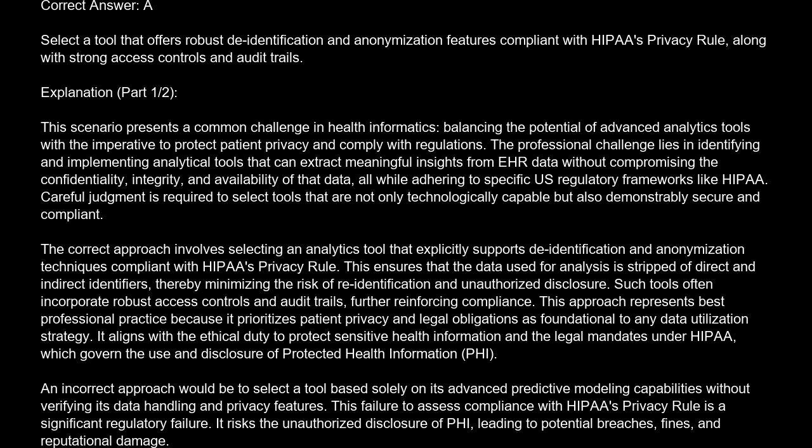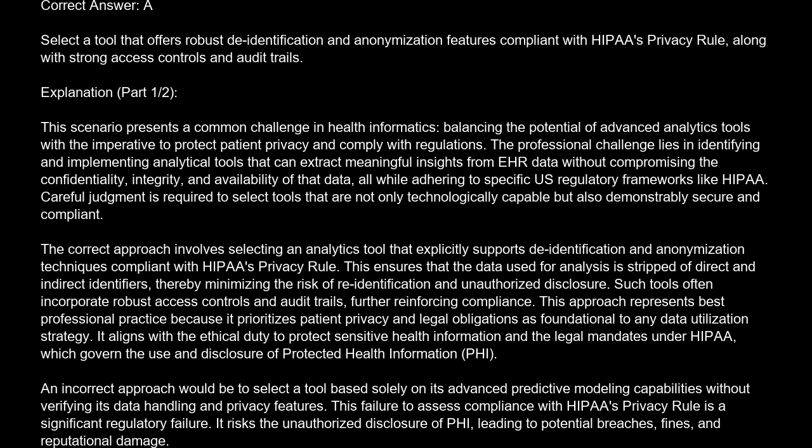The professional challenge lies in identifying and implementing analytical tools that can extract meaningful insights from EHR data without compromising the confidentiality, integrity, and availability of that data, all while adhering to specific U.S. regulatory frameworks like HIPAA. Careful judgment is required to select tools that are not only technologically capable, but also demonstrably secure and compliant.